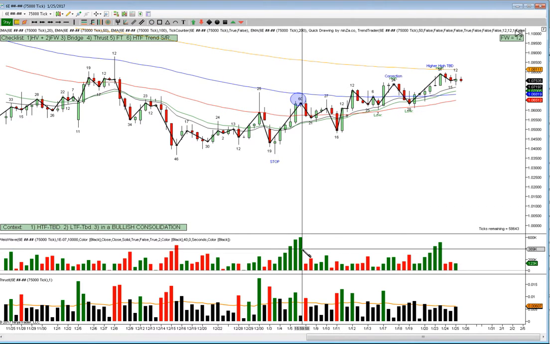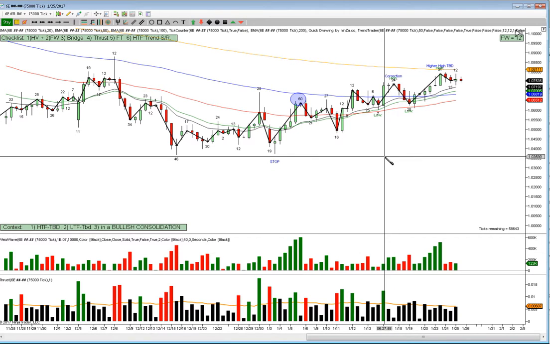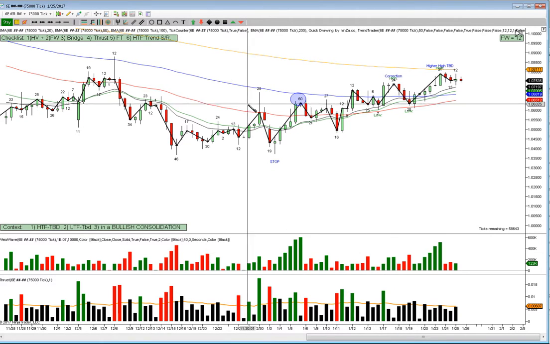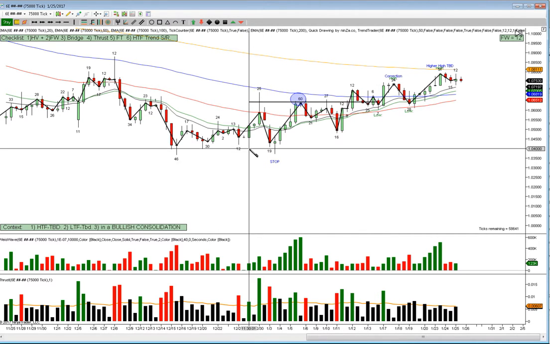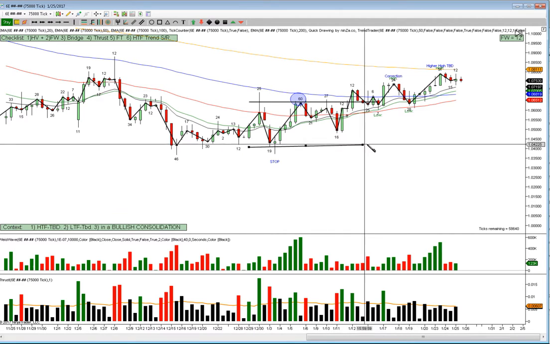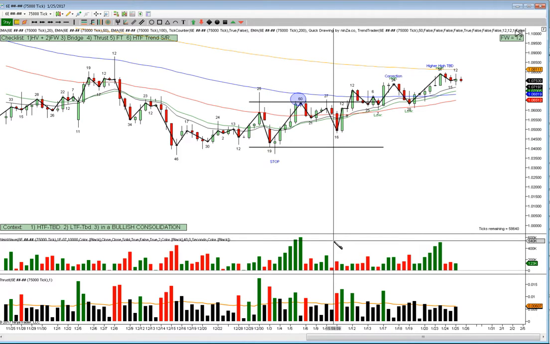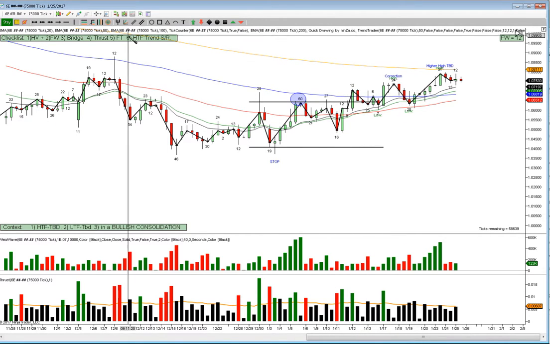All this volume comes in. Now what happens? This happens.